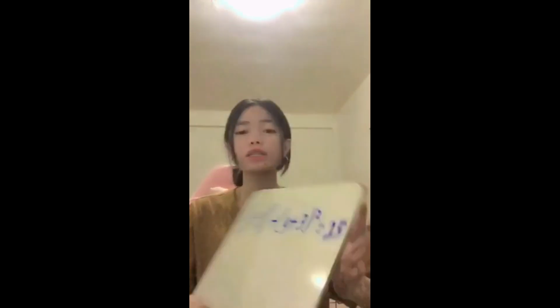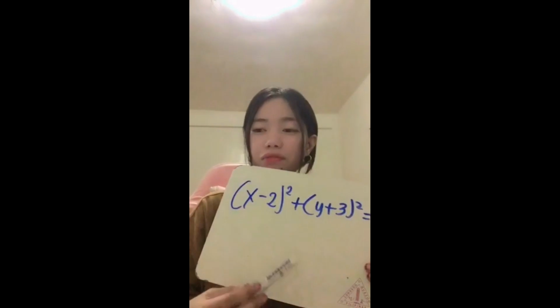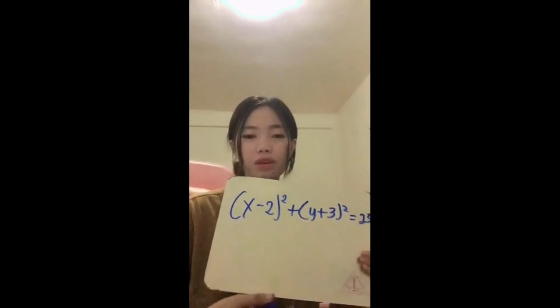So the second problem is we need to find the center and radius of the circle, whose equation is (x minus 2) raised to 2 plus (y plus 3) raised to 2 is equal to 25. Using this equation, we can find the center and radius of the circle.